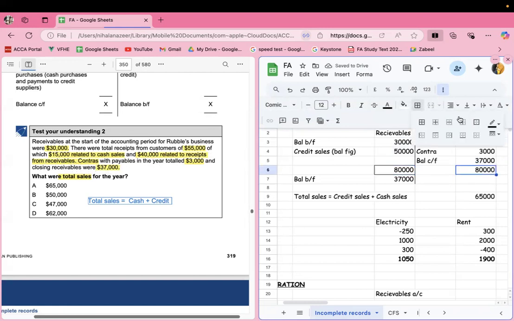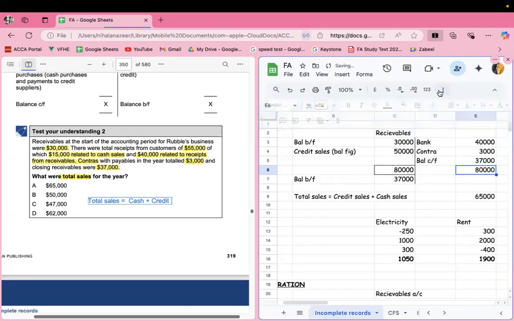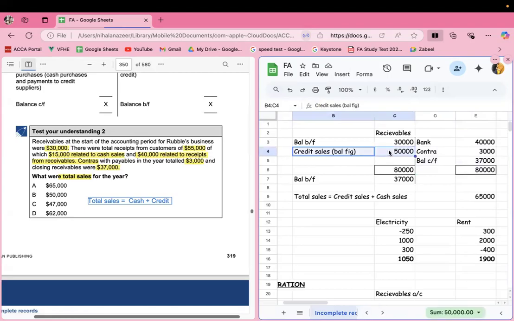Okay. Now you're going to take the usual thing. You're going to total things down. And the balancing figure would be the credit sales. Understood? Now, you know that total sale is equal to cash sale plus credit sale, right?